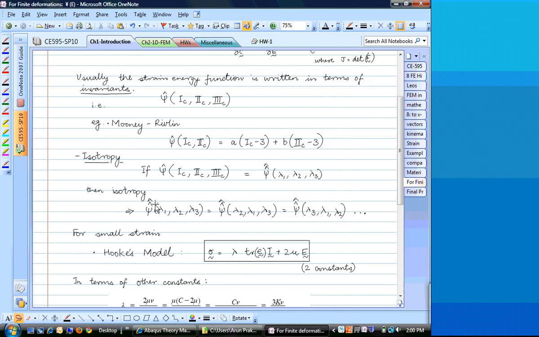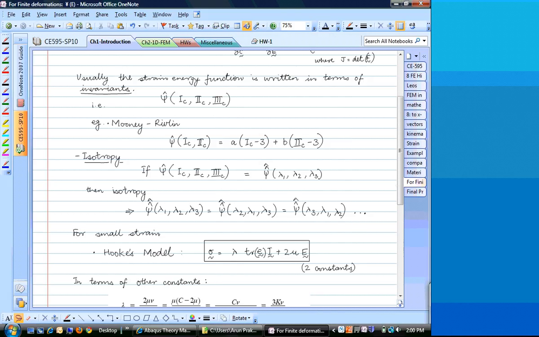That I have some function of lambda 1, lambda 2, lambda 3. If I switch the order of lambda 1, lambda 2, meaning if I take my material and flip it around in a different orientation, then does it behave the same way? Flip it around in another orientation, does it still behave the same way? So if this condition is satisfied, then we can call the material isotropic.